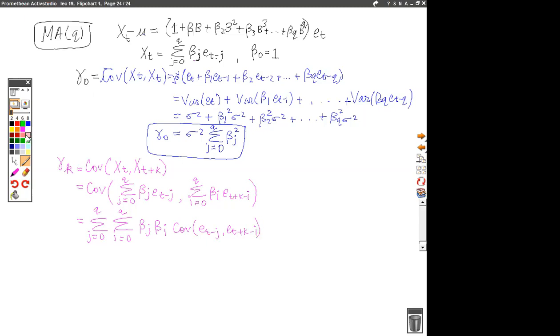And now to figure out this covariance, only if t minus j is equal to t plus k minus i, which implies that only if my i is equal to j plus k, this covariance takes the value sigma squared, otherwise 0.